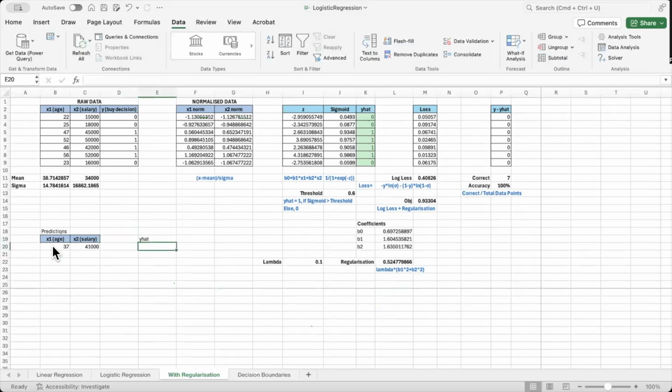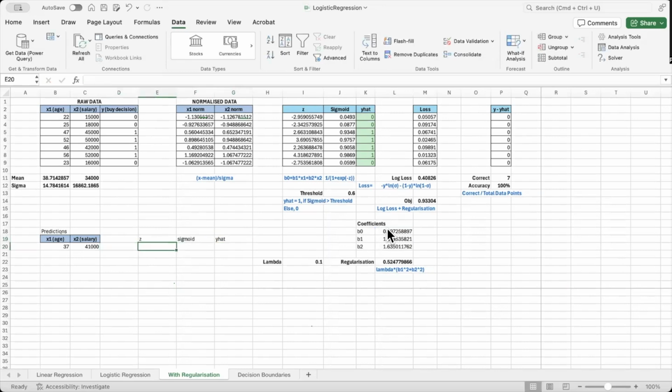How to find the y hat? First I have to find the sigmoid. So z first, then sigmoid, and then y hat.